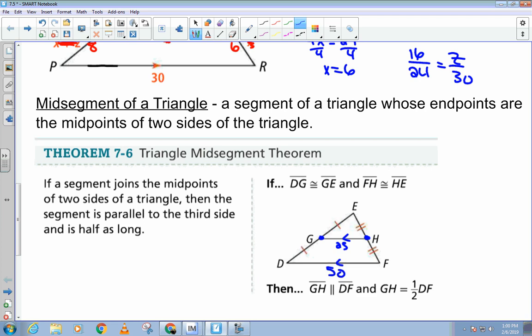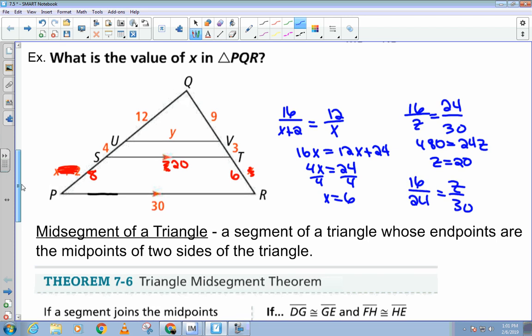So this right here is called a midsegment. It connects the midpoints of the two sides, and its length is half the third side. Now, I'm going back. Y is 15. Who figured that one out? Ben and Zach. So, Ben, what did you do?